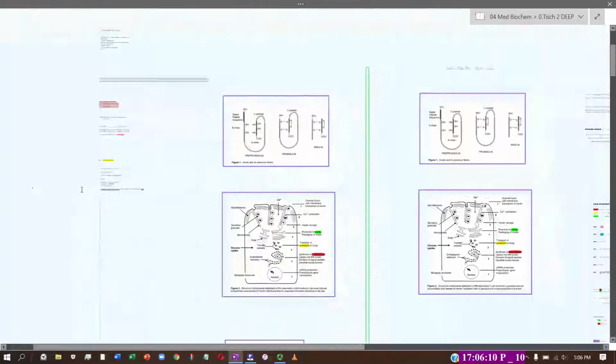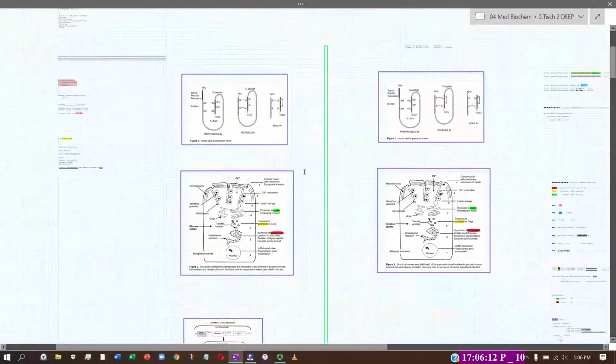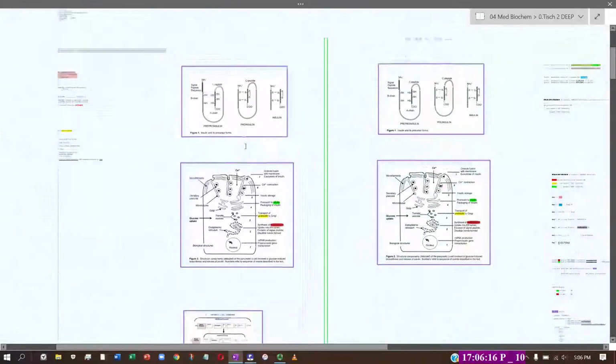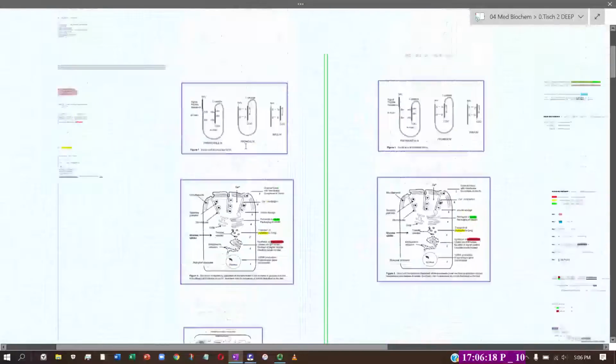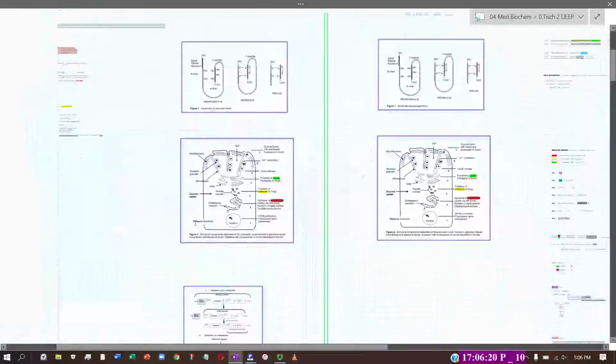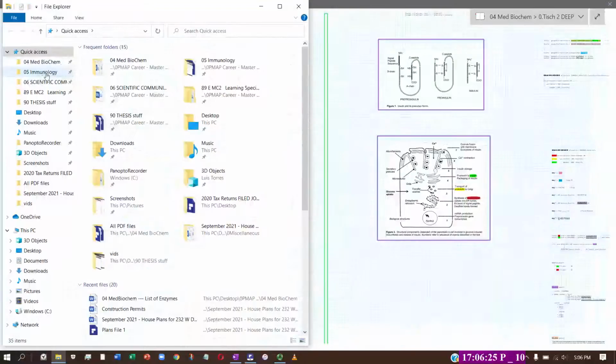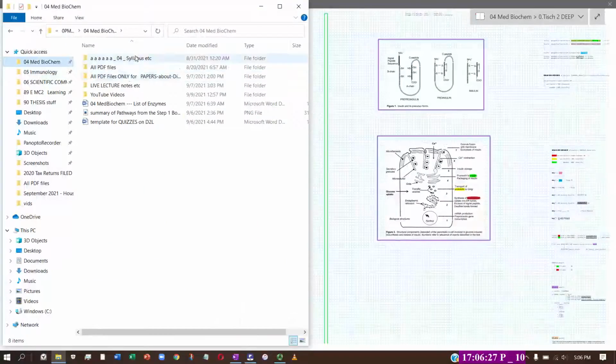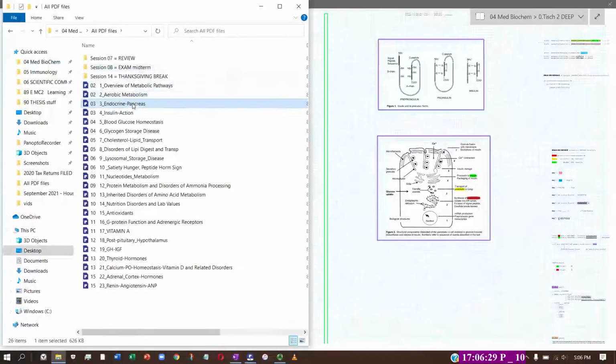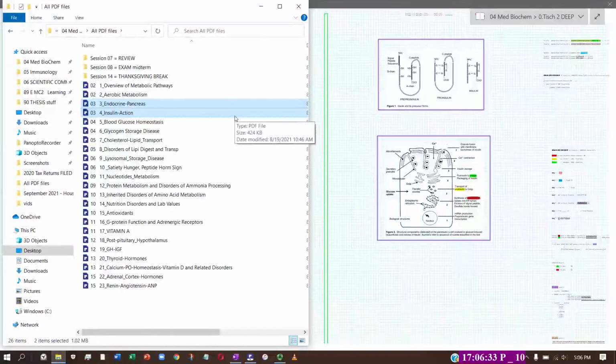So we had previously approached week 3 by looking at all of the figures together. The figures from week 3 come from these two PDFs.